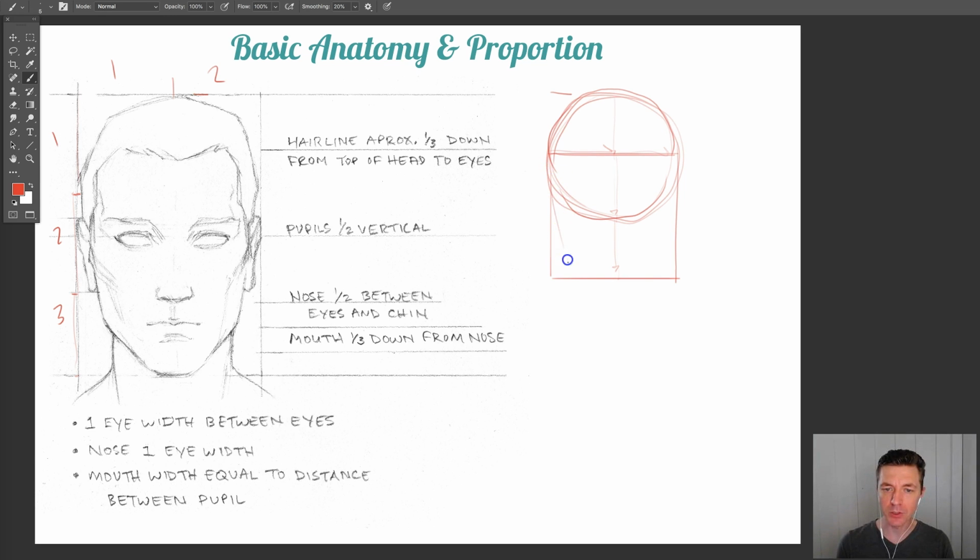And all we need to do then is cut off for the jaw, over how your jawline is for your particular character that you're sketching, and boom, we have our 2:3 ratio. This is excess. You can erase that later, you don't need that.